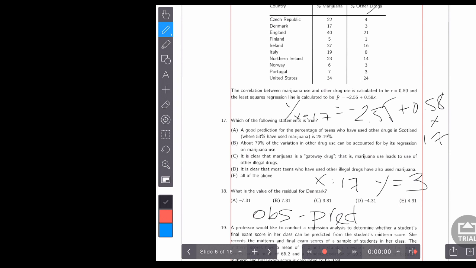So you multiply these first, and then subtract 2.55. And what do you get? So this is y observed, and this one is y predicted. Sorry, I don't have a stylus. I'm using my finger.